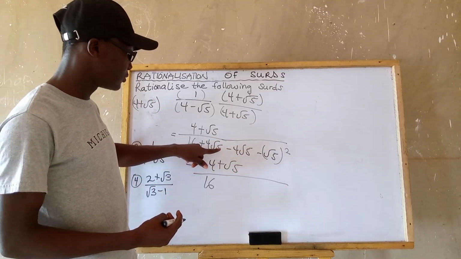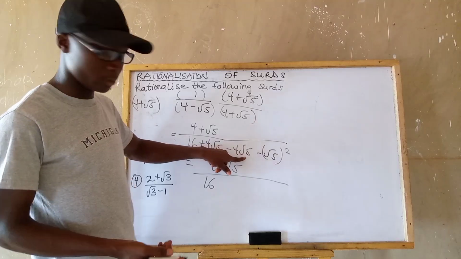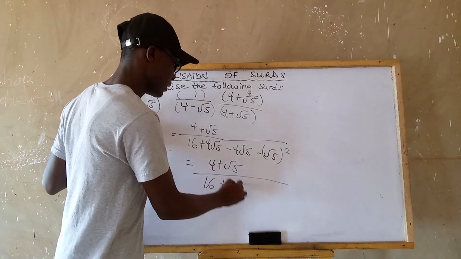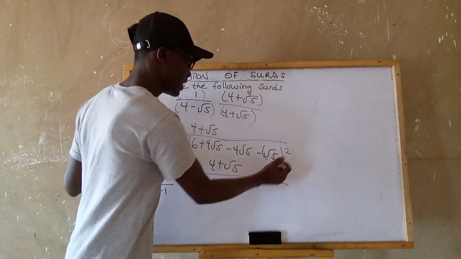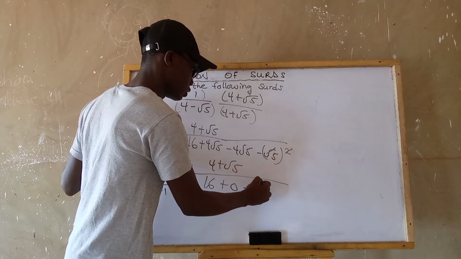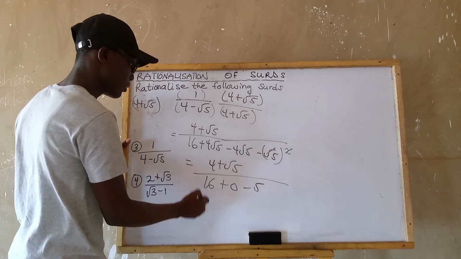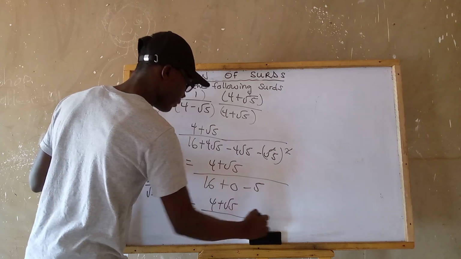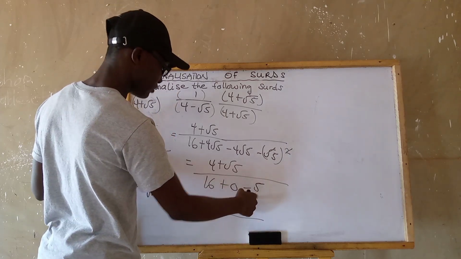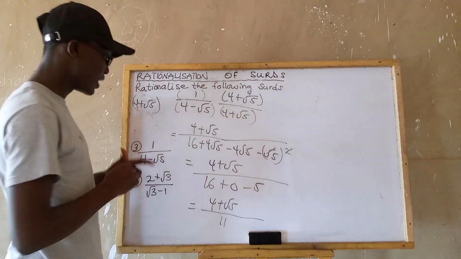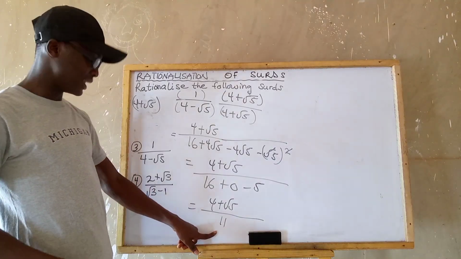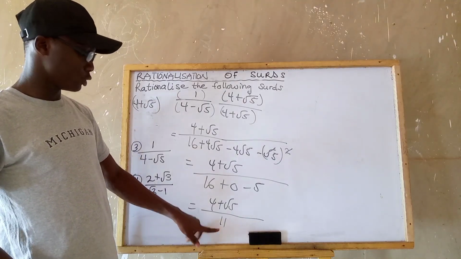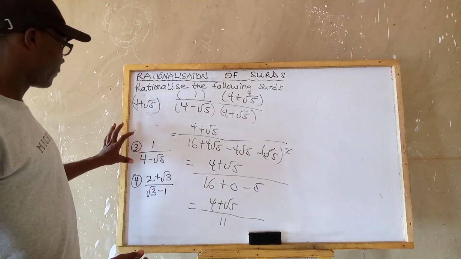So 4 root 5 minus 4 root 5 is 0. So plus 0. Then minus here, the square cancels the square root to give us 5. Now we have 4 plus root of 5 over 16 minus 5 to give us 11. So now we have a whole number at the denominator. So this is the answer for the first one.